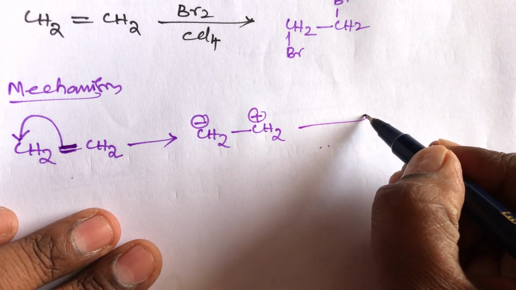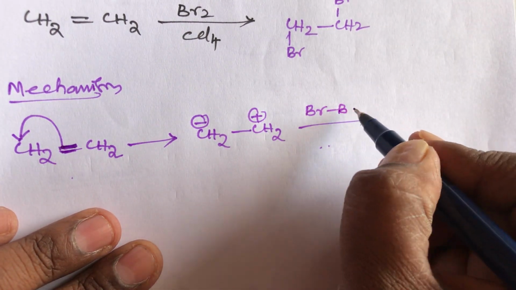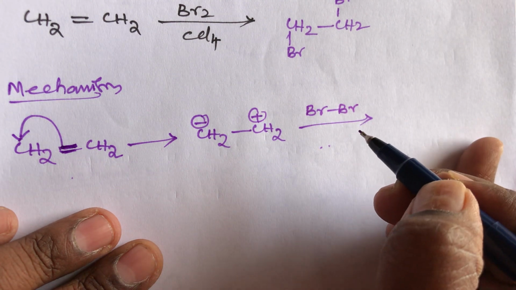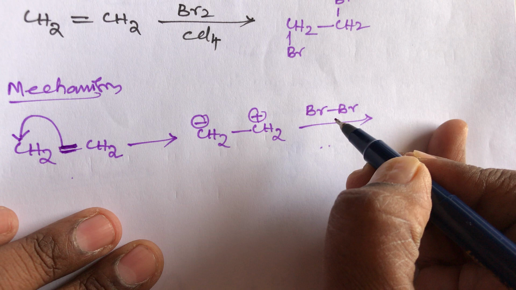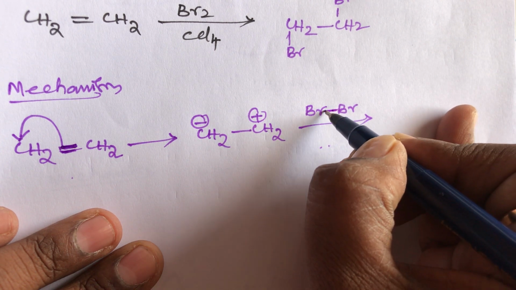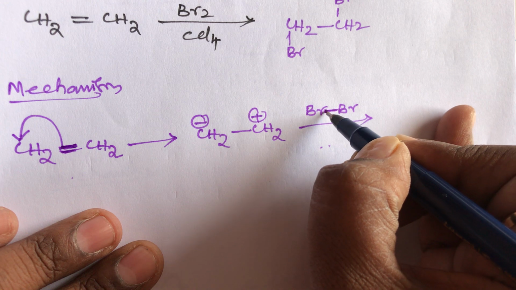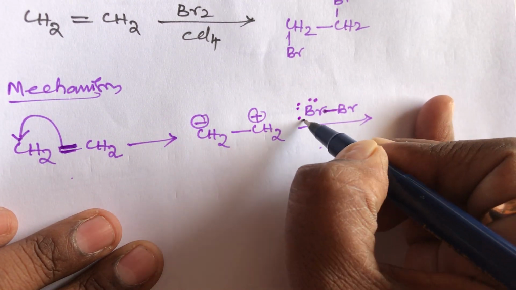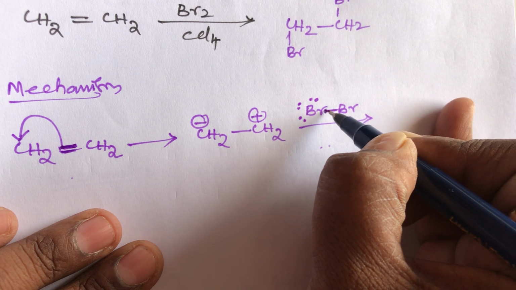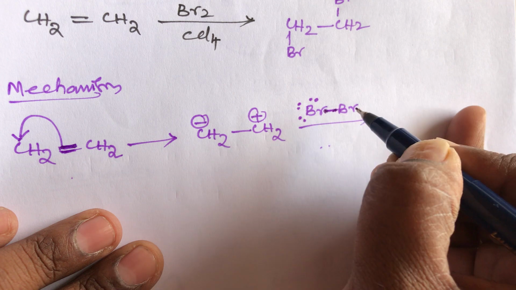After that, we have two bromines, Br2. Br belongs to the 7th group, so it has 7 valence electrons: 1 2 3 4 5 6 7. One single electron participates in the bonding between the two bromines, and the other bromine also has 7 electrons.